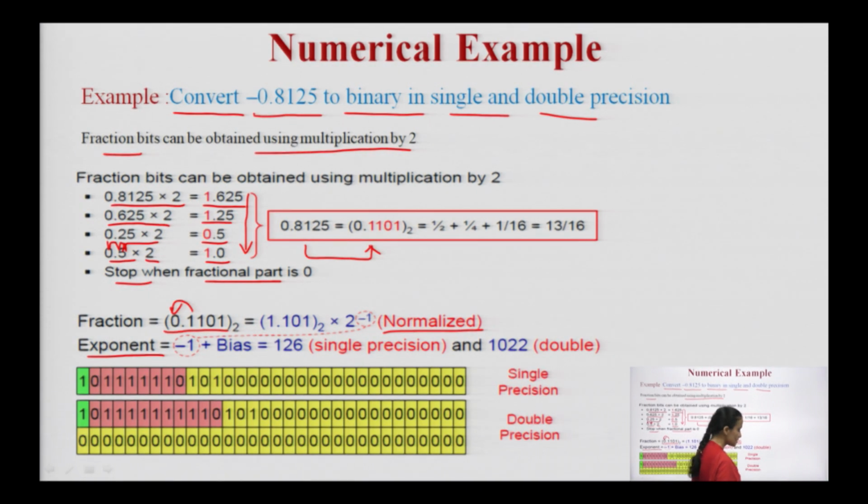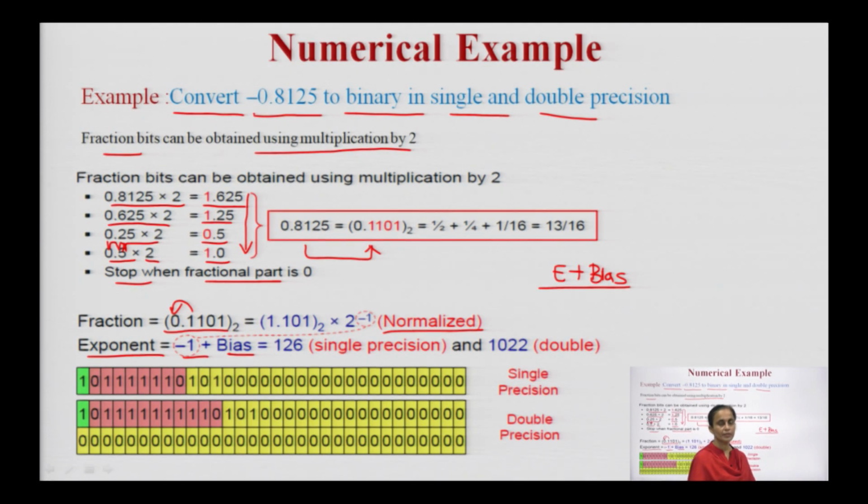Whatever value you are getting for E, you will add some constant to make it an 8-bit exponent. So, minus 1 plus bias is added. Bias is a constant.